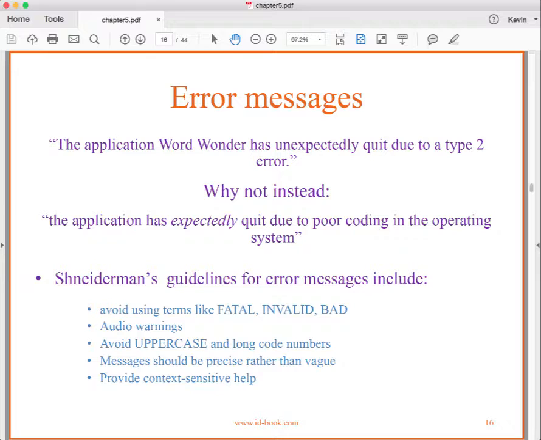So context-sensitive help is a pretty cool feature in that the user doesn't have to be looking at the help all the time, but when they ask for help, the help feature knows where they are and hopefully what they're trying to do, and gives them help so that they don't have to sift through levels and levels of menus to get to what they want. They get help for the activity that they're currently involved in.